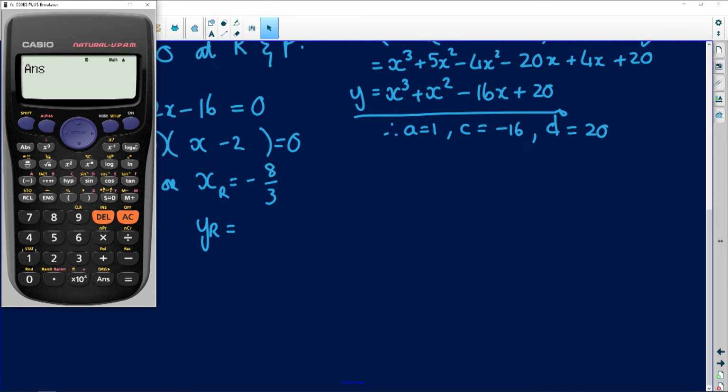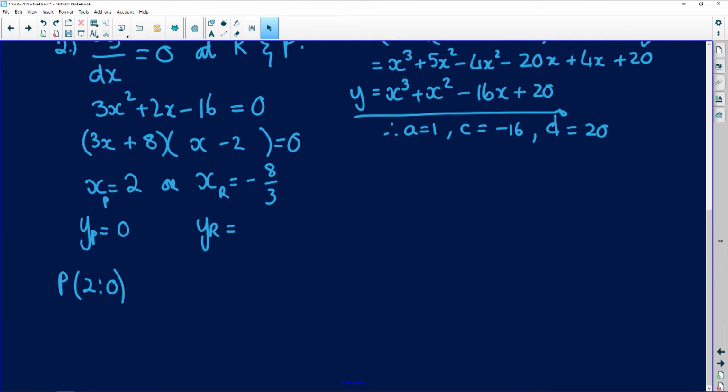So answer cubed, plus x squared, so plus answer squared, then minus 16 times answer, which is now stored in the answer, plus 20. Okay, and you can see it's an ugly number, 1372 over 27. And that is the y coordinate for point R.